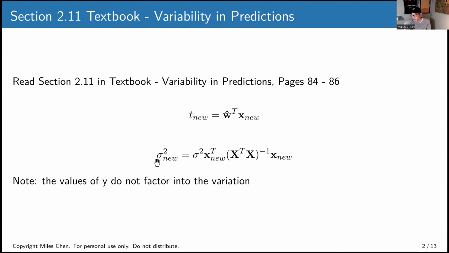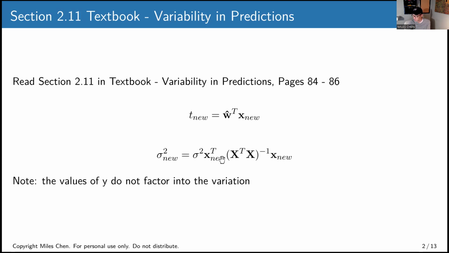We might also want to know the variance of this new value that we get. That is going to be sigma squared times X new transpose, X transpose X inverse, X new.